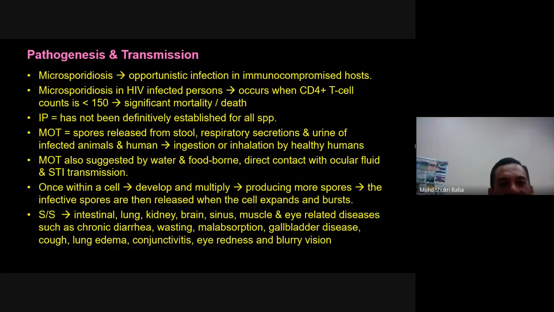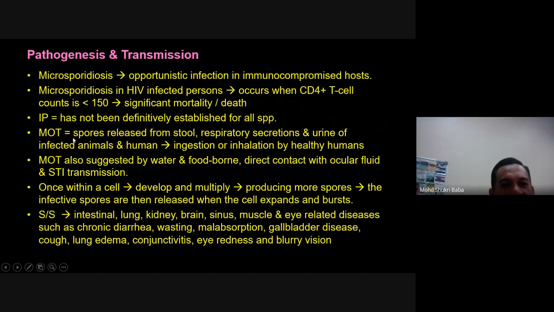Okay, basically in HIV infected person, they occur when CD4 T cell count is less than 150, and because of that, it can significantly lead to the mortality and the death of the AIDS patient. All right. Incubation period has not been definitely established for all species.